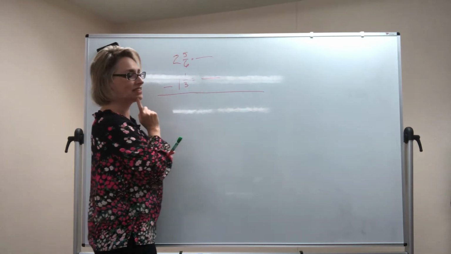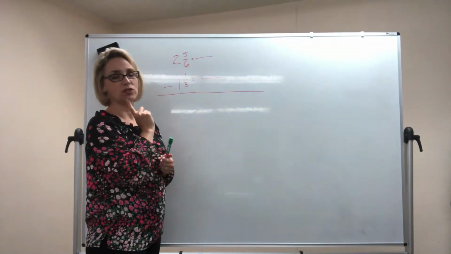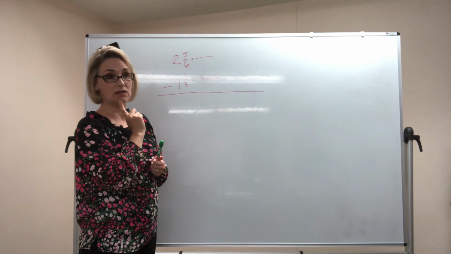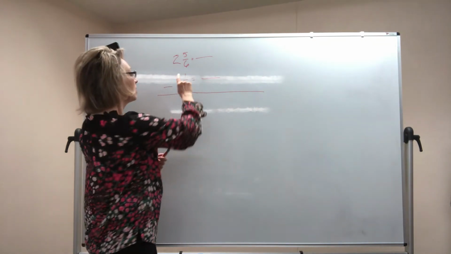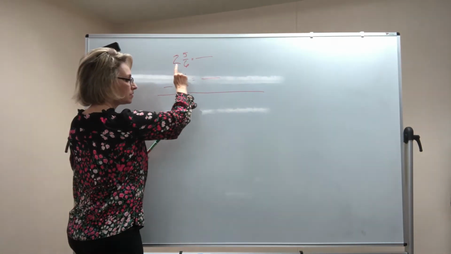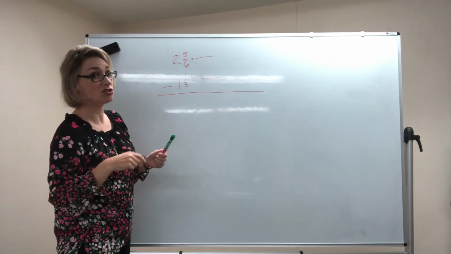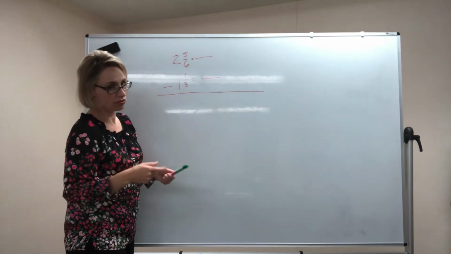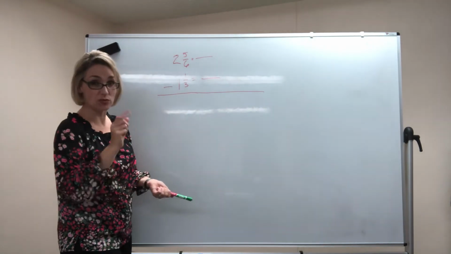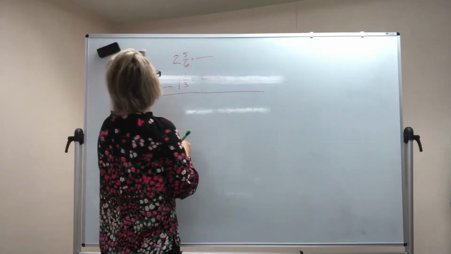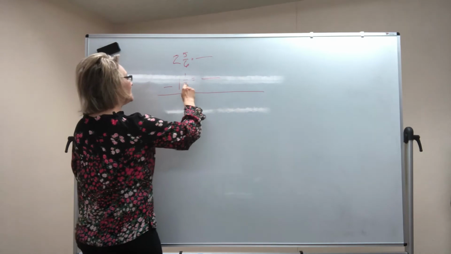Now, remember we did a lesson last week with renaming mixed numbers and changing them to be improper fractions, and I told you there's sometimes we need to do that in order to do another process. This is one example of that. I can't add these as they are.